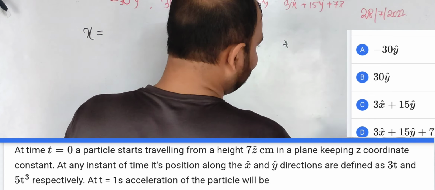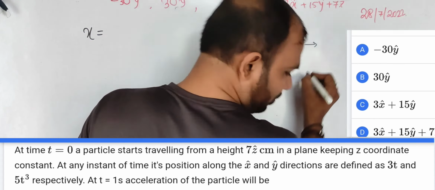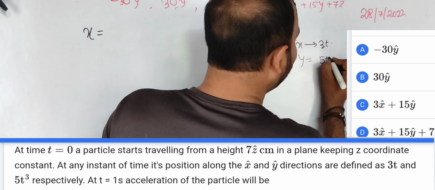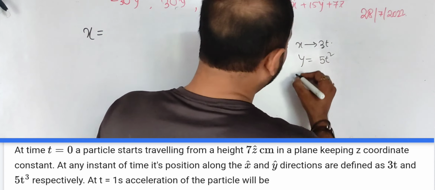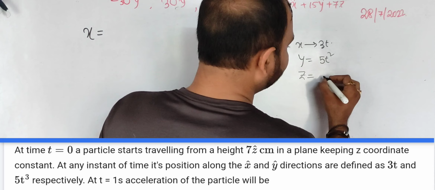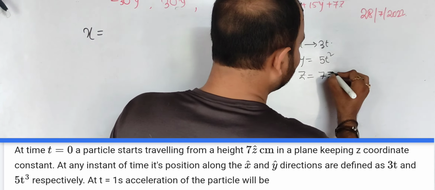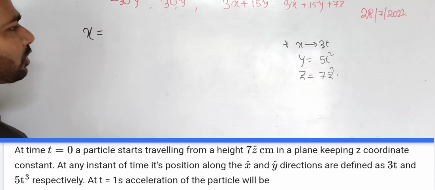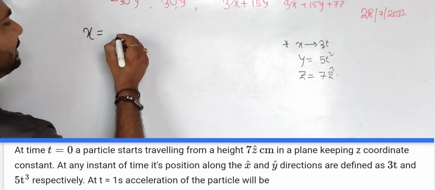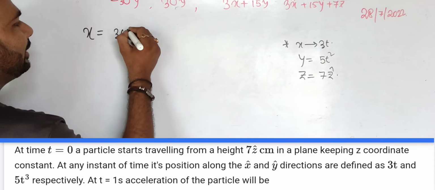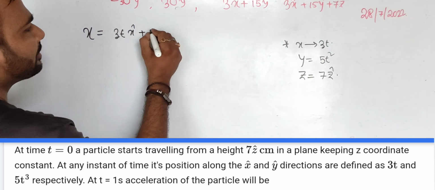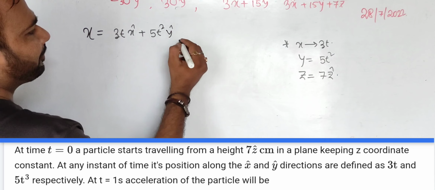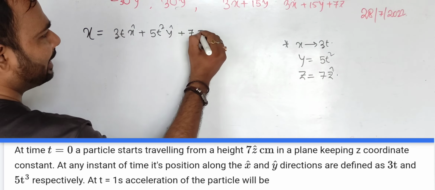At any instance, x equal to 3t, y equal to 5t square and z equal to 7. This is constant. These are the coordinates of the point at any instance. So 3t x cap plus 5t square y cap plus 7z cap.